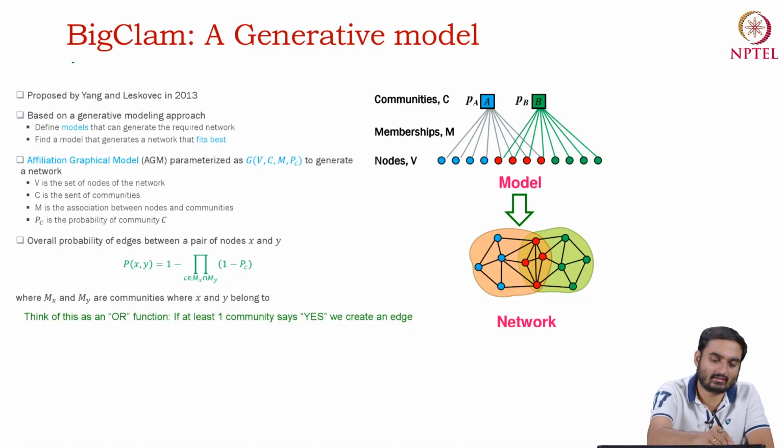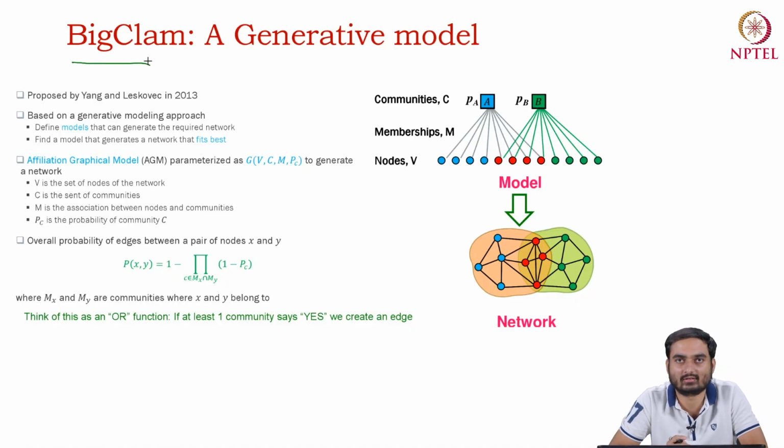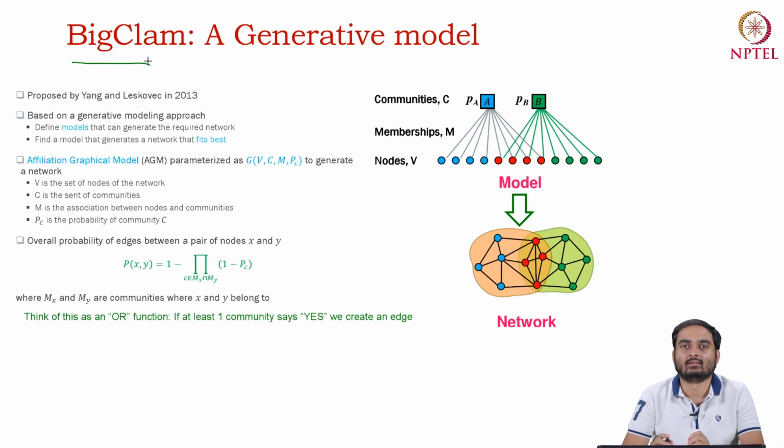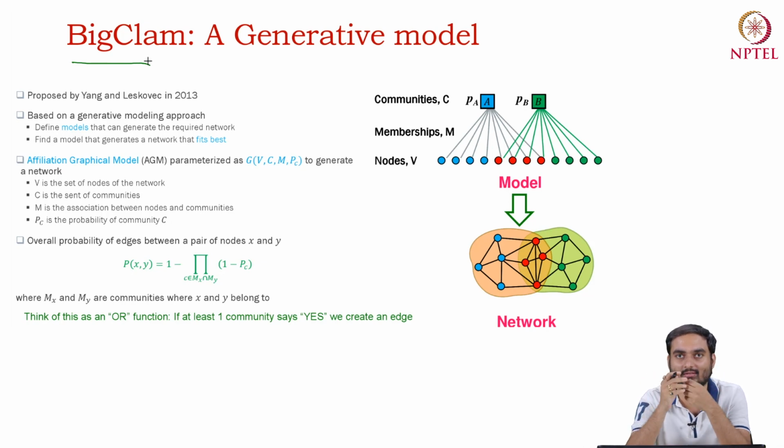But there is another way to detect community structure based on something called a generative model. A generative model in general is very popular in machine learning. I am not going into the details of generative models, but basically the idea is that we take a parameterized, parametric model, and based on the parametric model we generate the network.